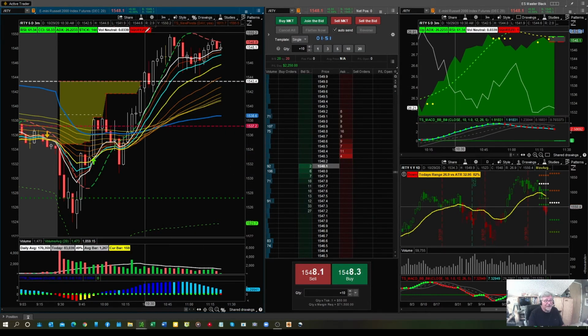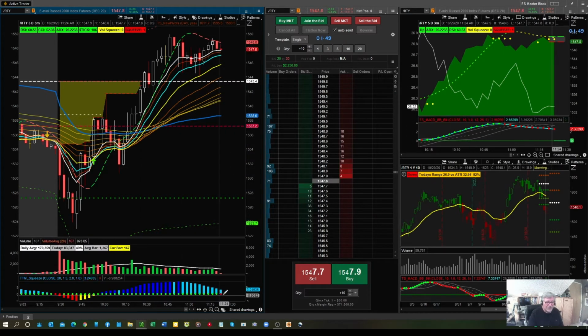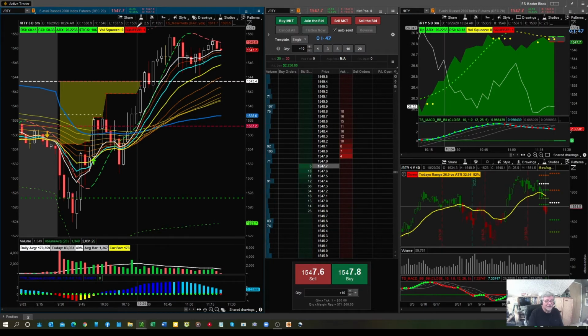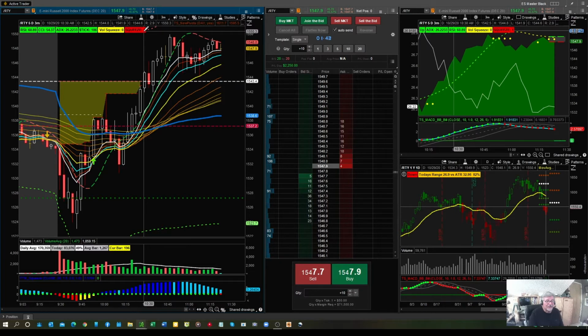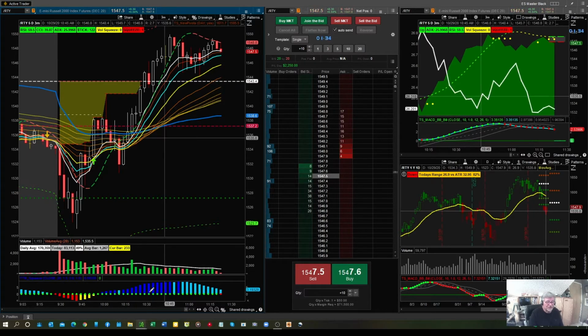I also added a label, and when you see a squeeze, this label will light up on your chart. It'll also tell you how many dots into the squeeze you are, or into a fired long squeeze or a fired short squeeze.